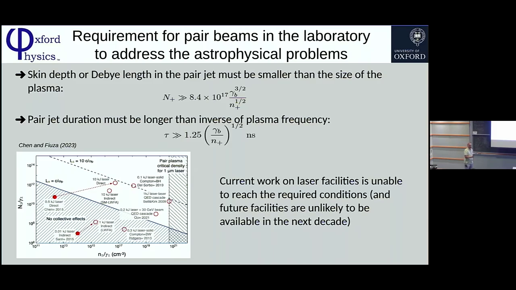Some of these laser facilities are not available now and won't be available for quite a long time. And the problem is that if you want to do an experiment now to test some of these processes, you cannot do it with the current laser facilities.